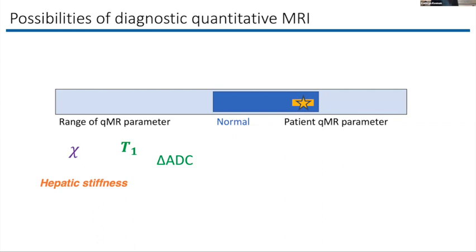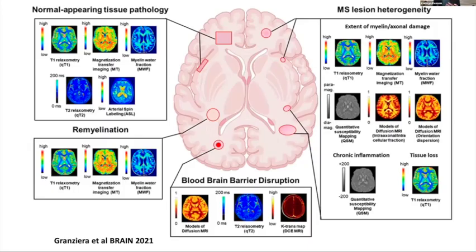So one place I'm excited, because we've seen all these different quantitative maps today, is this nice review paper that came out last year, Granziera et al., looking at many of these techniques in the brain. You can see they looked at T1, magnetization transfer, diffusion, T2, and looked not only at where you would use it, in this case normal pathology or evaluating MS lesions.